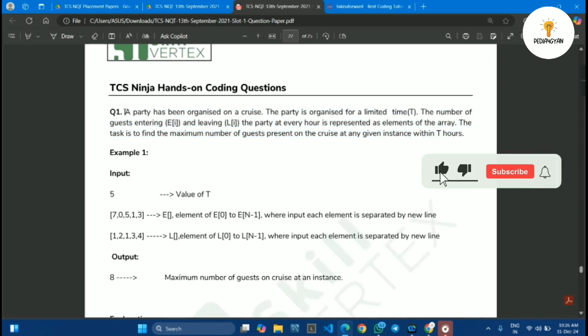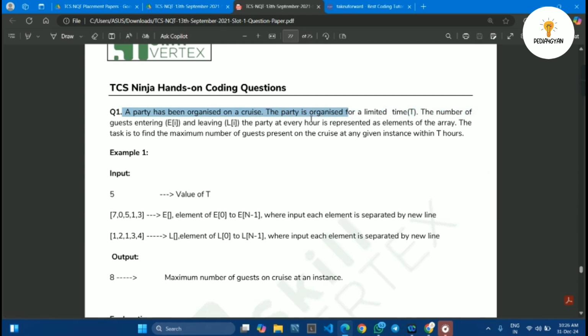A party has been organized on a cruise for a limited time. The numbers of guests entering are E of I and the numbers leaving are L of I. Every hour of the party is represented as an element of the array. The task is to find the maximum number of guests present on the cruise at any given instance within T hours.